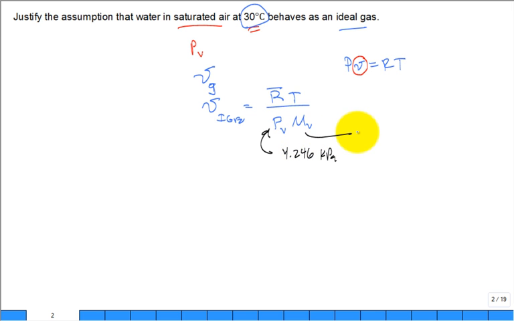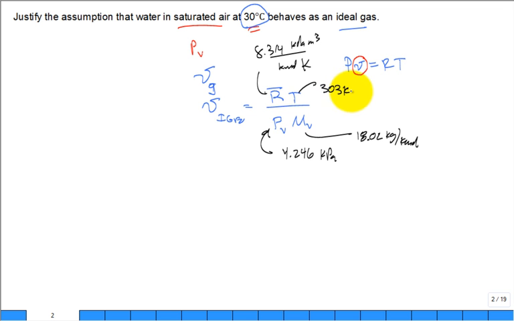The molar mass is 18.02 kilograms per kilomole. Then R bar is 8.314 kilopascal meter cubed per kilomole Kelvin. And then the temperature, 30 degrees C, becomes 303 Kelvin. So you can compute that the specific volume is 32.92 meter cubed per kilogram.